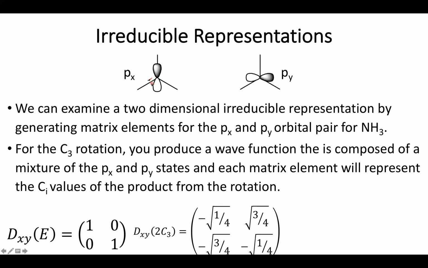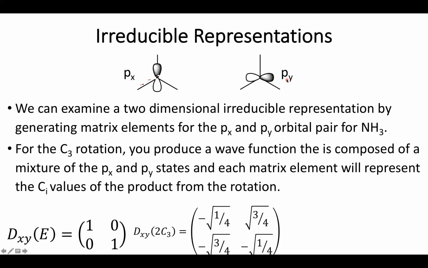So again, if I rotate this density along this axis, I'm going to be 25% negative px character, or the negative square root of 1/4. And I'm going to be 75% py character, but again, wrong amplitudes, because I'm now going to have positive amplitude along this direction, which means I'm going to be square root of 0.75, or 3/4. And again, wrong amplitude. So this will give me the x to y and the x to x character.